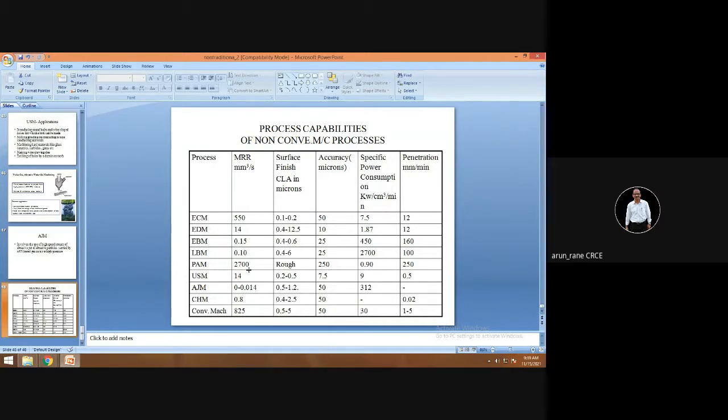You can see here in plasma arc machining the material removal rate is 2700 millimeter cube per second, which is very fantastic. But the problem is the surface finish is rough, accuracy is not good, and again penetration is also high. Just have a look at this chart.